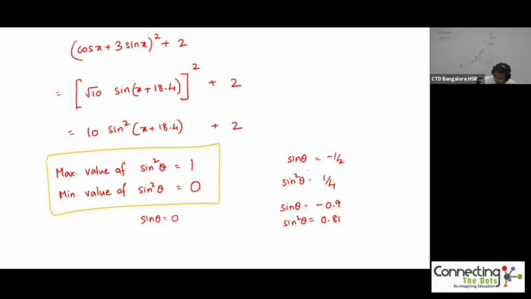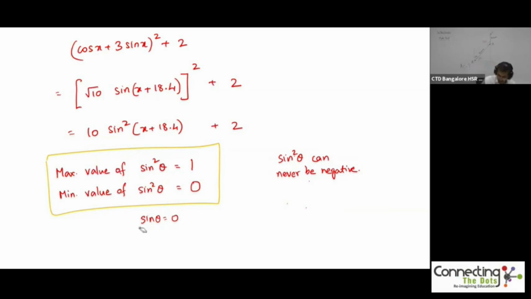The problem is, if sine theta is a negative value, sine square theta becomes a positive value. Sine square theta can never be negative, can it? Because it is a square number. So the lowest it can go to is 0. It can never go below 0.